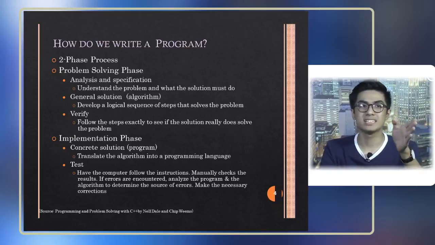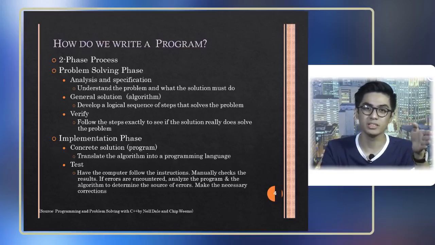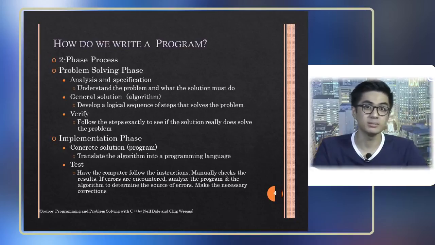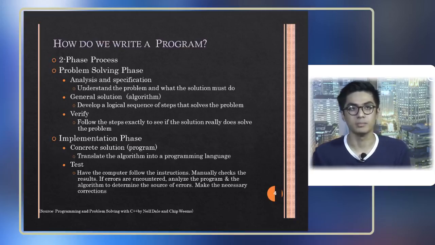The next thing here is the general solution, most commonly known as the algorithm. Algorithm is just a fancy word for solution. Here we should think of a sequence of steps in which the program should run in order to fulfill the given problem.